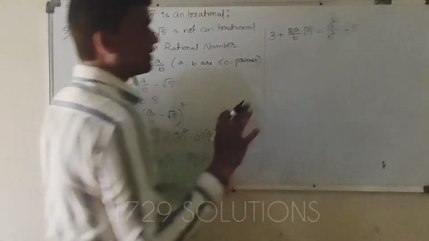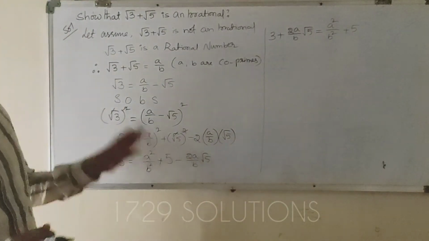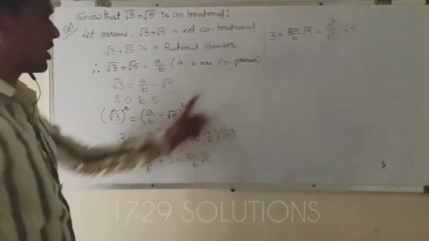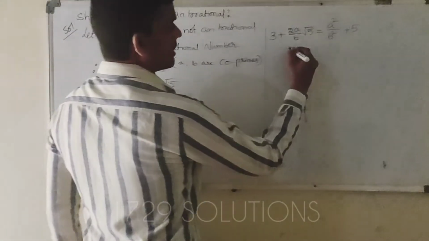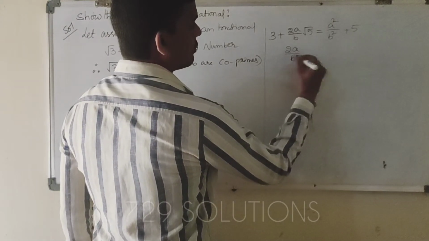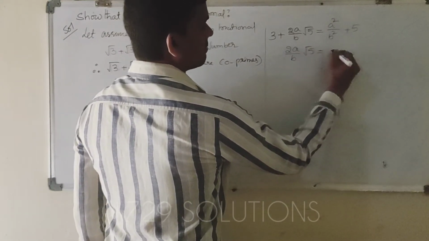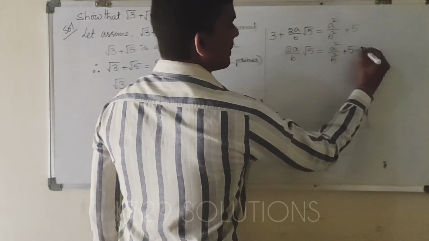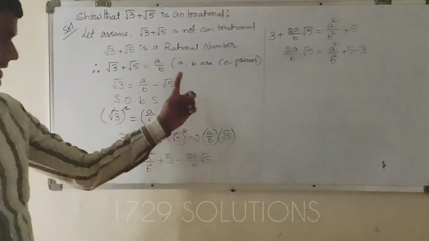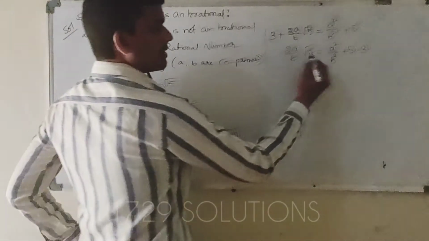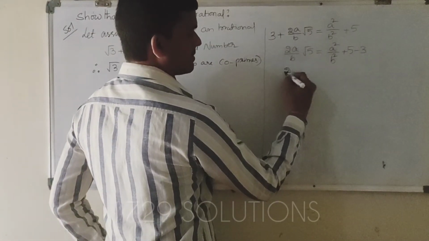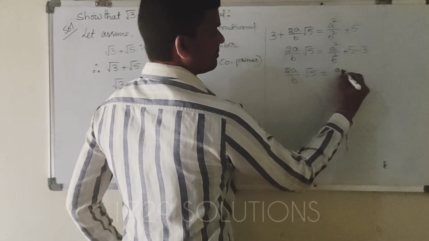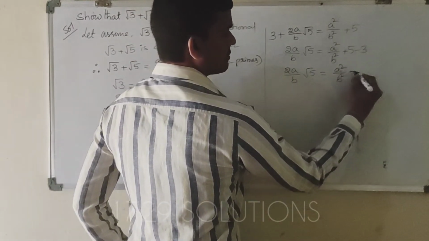In the next two steps I want to make root 5 a single term. Now I want to send 3 across. It becomes 2a by b root 5 is equal to a square by b square plus 5 minus 3. Concentrate on these steps. Next, 5 minus 3 becomes 2, so a square by b square plus 2.